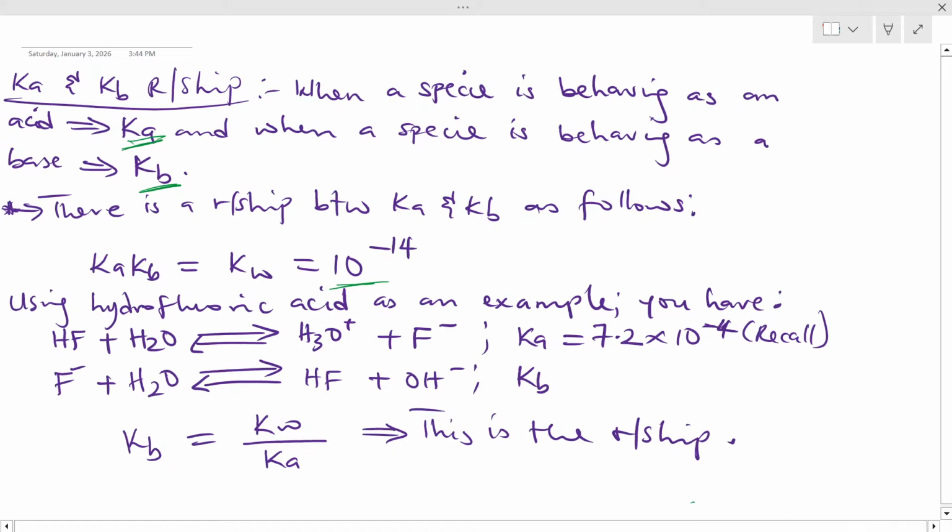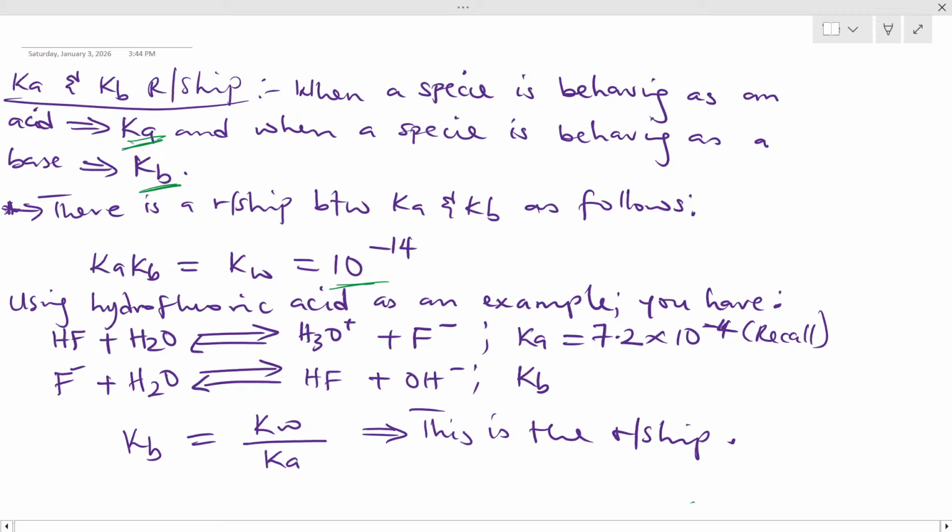So we said the product of the constants of dissociation of the acid and base will give you your pH scale actually, which is 10 to minus 14. We saw this relationship between Ka, Kb, and Kw, whereby if you make your Kb the subject of the formula, what you have is Kw over Ka.